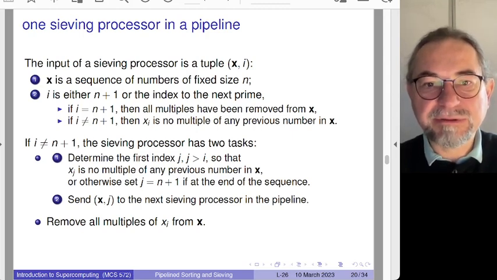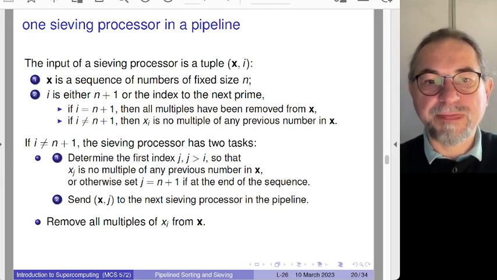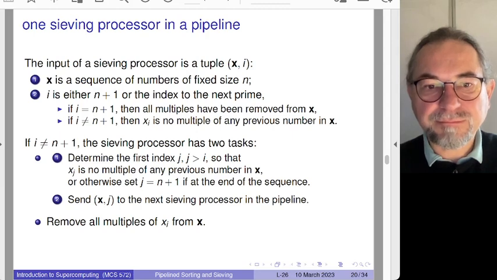Otherwise, it will start removing. So every sieving processor will determine the index that can be sent to the next processor. And then after doing that, it will remove all its multiples from the sequence.